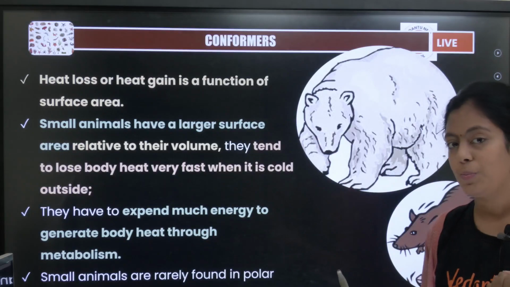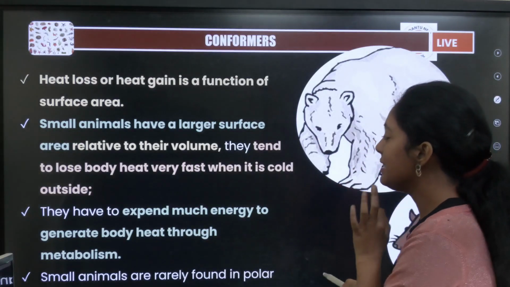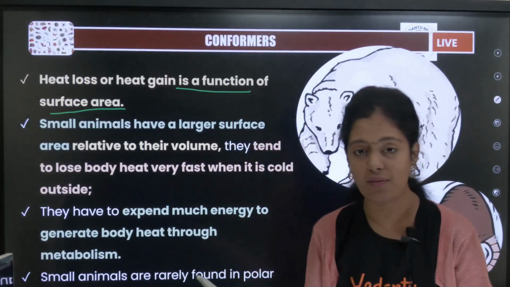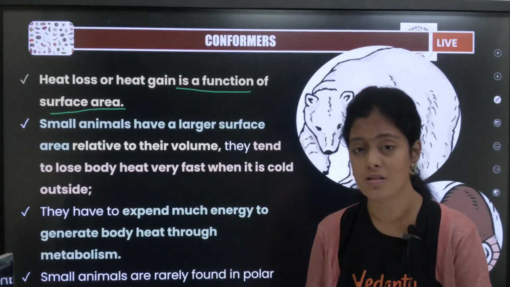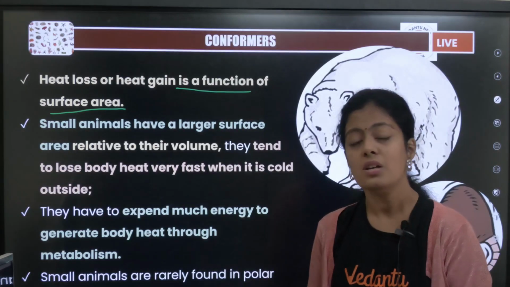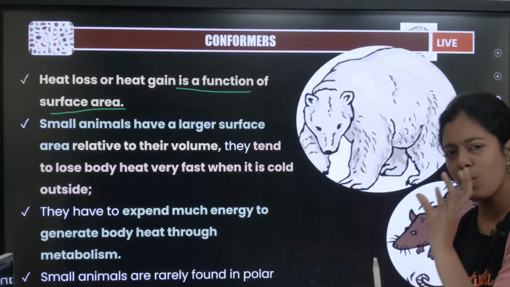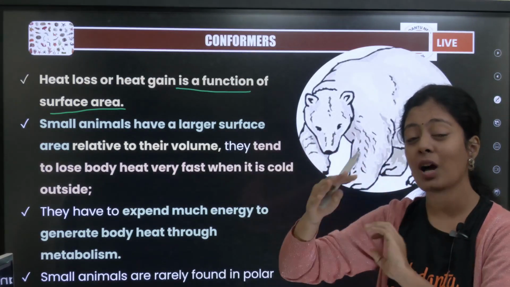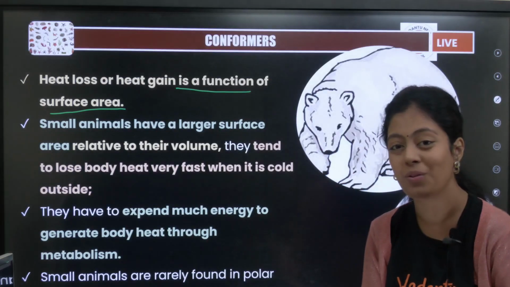Let's look at some adaptations. Okay, heat loss or heat gain is a function of surface area. Correct? The larger the surface area, the greater the heat loss. The lesser the surface area, the lesser the heat loss. So very small animals have a large surface area, so their heat loss will be greater.